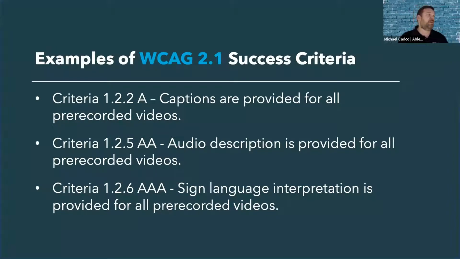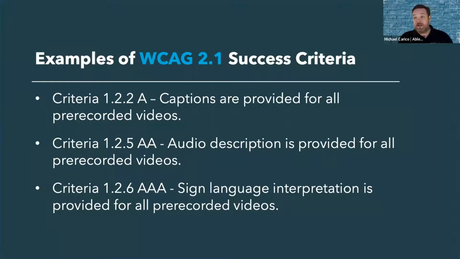What that means is, in addition to the people talking, there would be descriptions. Like on this video, if we were to actually put that in the video of this recording, it would say, Michael is now showing the screen of examples of WCAG 2.1 success criteria. You know, it would describe what the person is doing in addition to the dialogue.